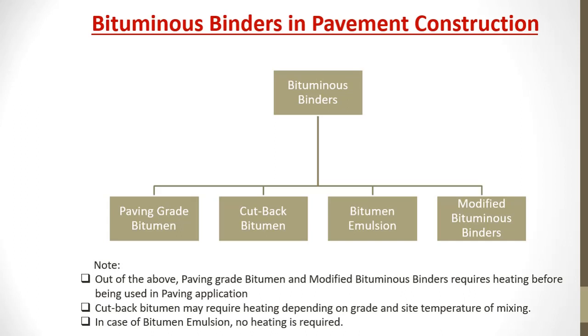Out of the above, paving grade bitumen and modified bitumen require heating before use in pavement applications. Cutback bitumen may or may not require heating depending on the site temperature of mixing, and for emulsion no heating is required. I will explain later why heating is required, why in cutback bitumen heating might be required, and of course why in bitumen emulsion heating is not required. That will be explained in the later topics.